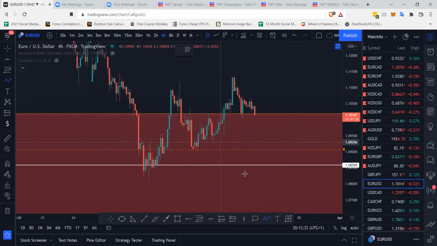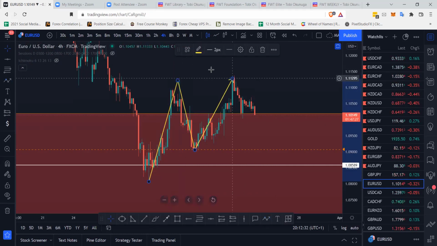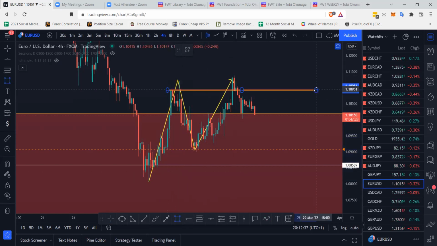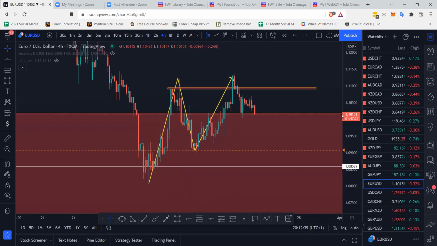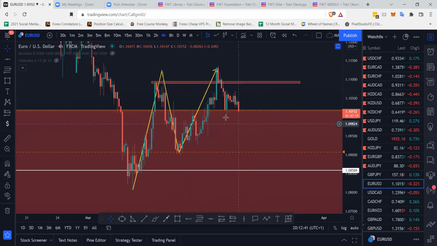So price is at the monthly demand on your USD, and then on 4 hours we are seeing this. All right, this is reconstruction. Waiting for price to retrace into the demand zone.